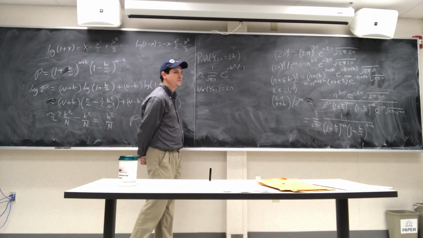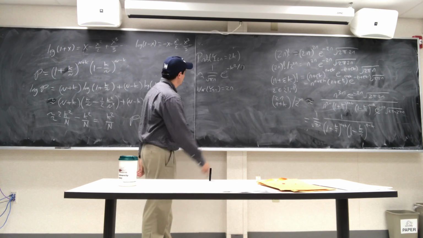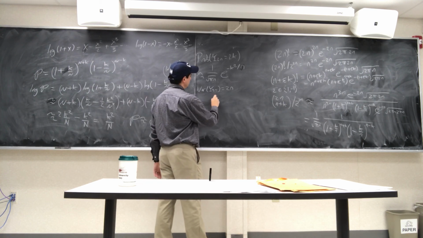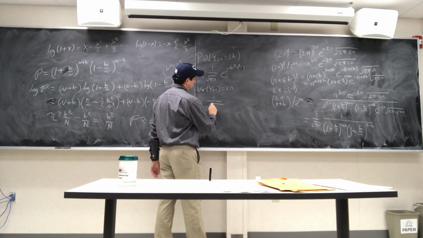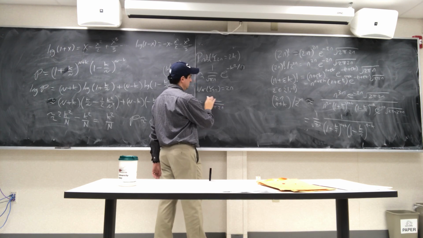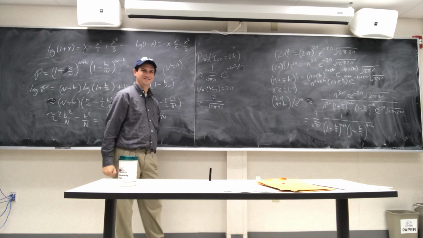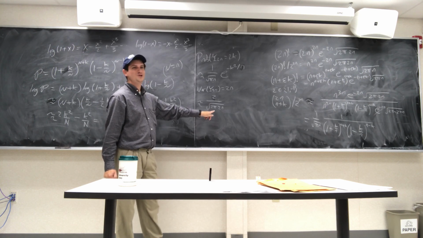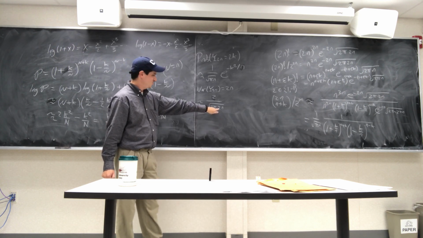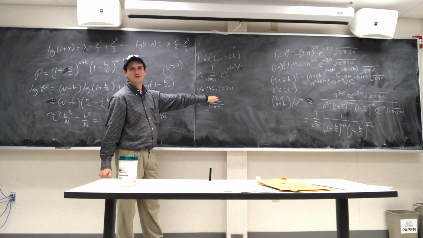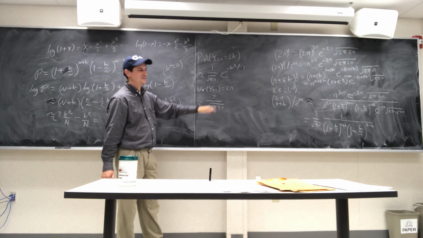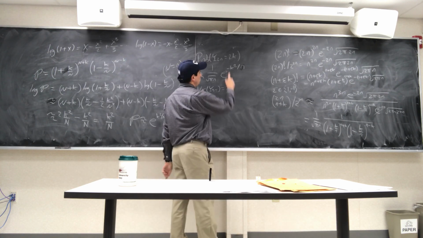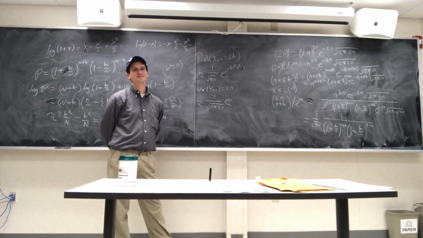So I'm going to start playing some games. We can write this as approximately 1 over square root of 2 pi 2n, and then I'll put a 2 over here, because you want to have 1 over square root of 2 pi sigma squared. So square root of 2, square root of 2, that doubles up the 2 over there. Do I want to have a k squared?